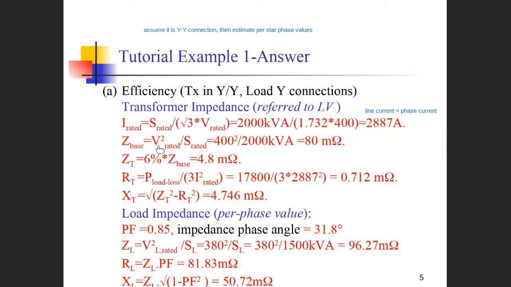So now the base values. So the secondary rated voltage squared. So we use the rated voltage and the total powers.